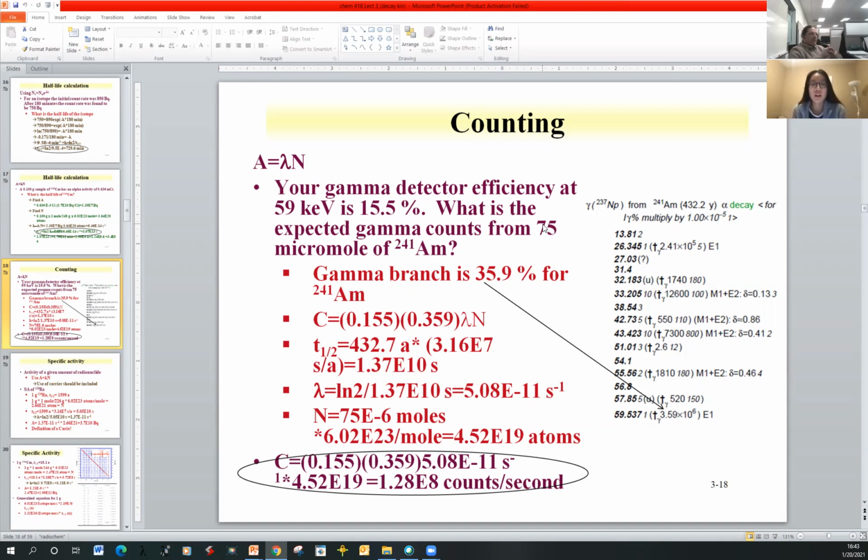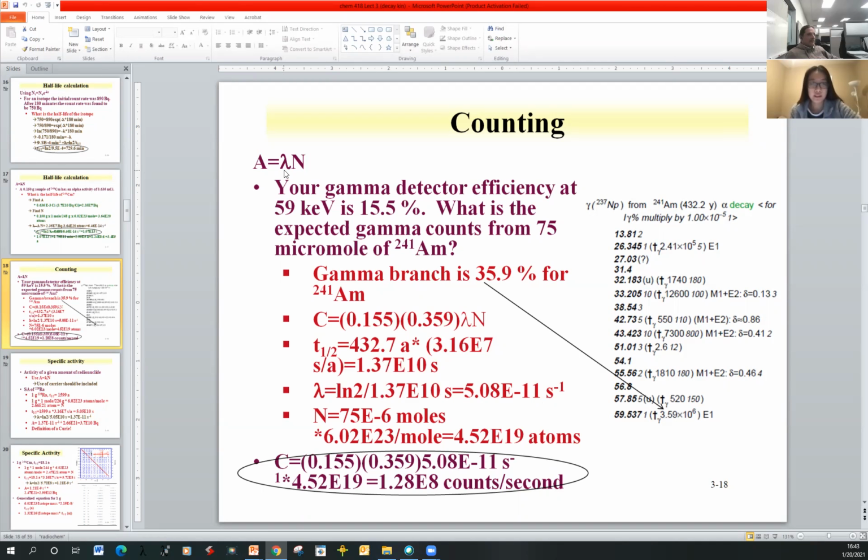We know from this fundamental equation that the activity, the number of decays, is equal to the decay constant times the number of atoms. The decay constant is log 2 divided by the half-life. We turn the half-life into seconds. Log 2 divided by 1.37 times 10 to the 10th is 5.08 times 10 to the minus 11 seconds to the minus 1.